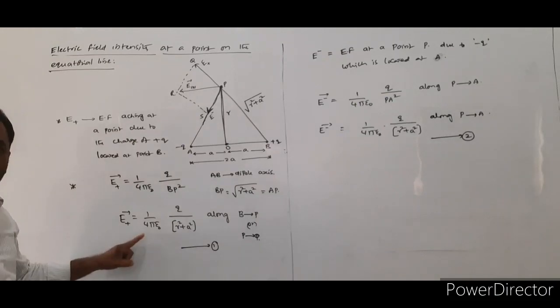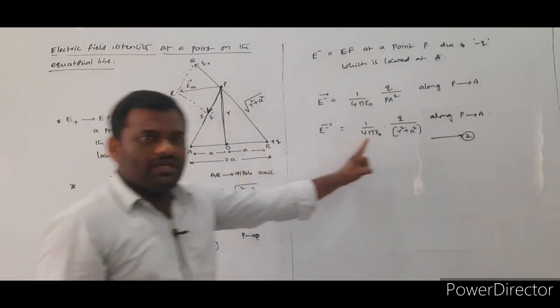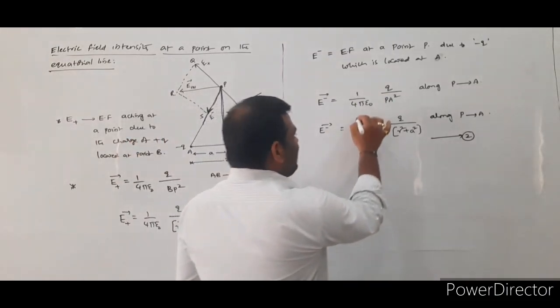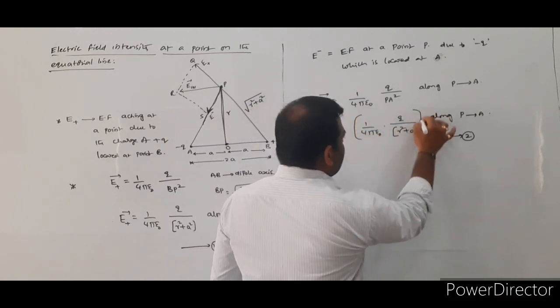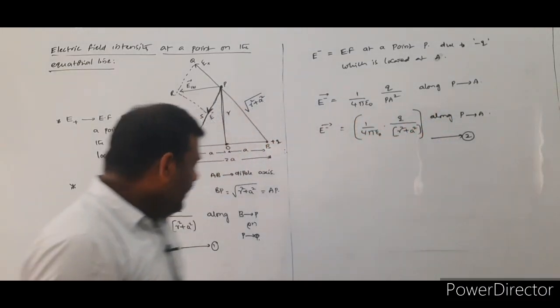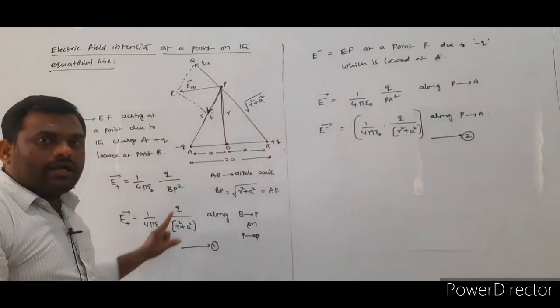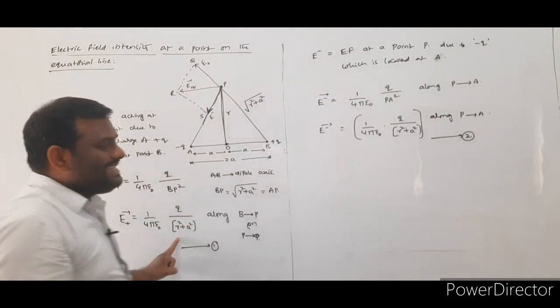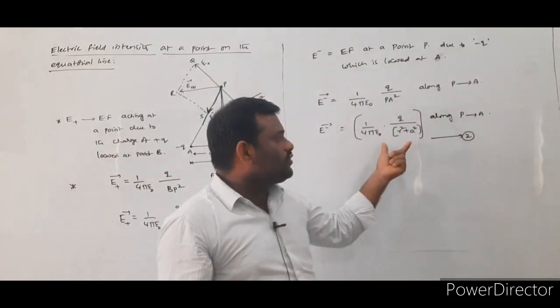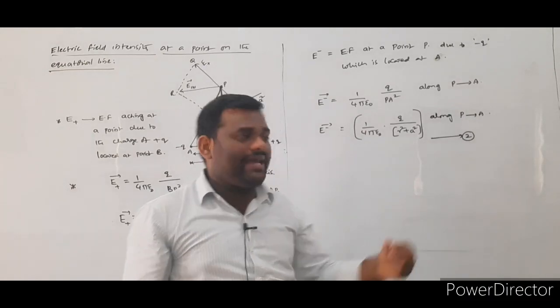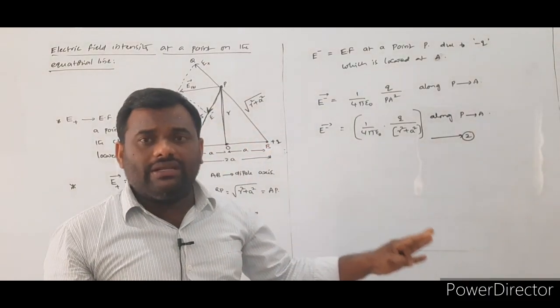Once you observe equation number 1 and equation number 2, the magnitude of both the fields will remain the same. Here also 1 by 4 pi epsilon naught q by r square plus a square term will be there. Here also 1 by 4 pi epsilon naught q by r square plus a square term will be there.